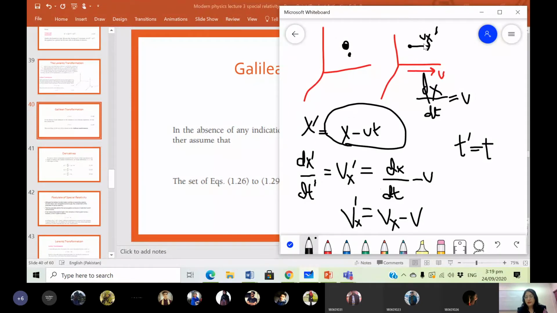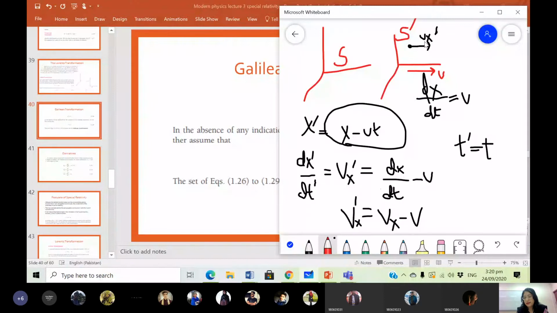So basically, the observer is in the S frame, and there's an object that's moving with velocity vx dash inside a frame S dash that itself is moving towards the right with velocity v. According to the Galilean transformation, it will simply be the addition of these two velocities, right?